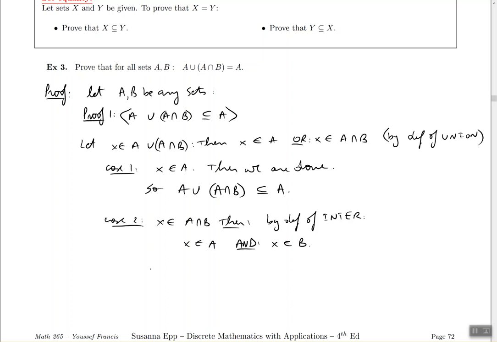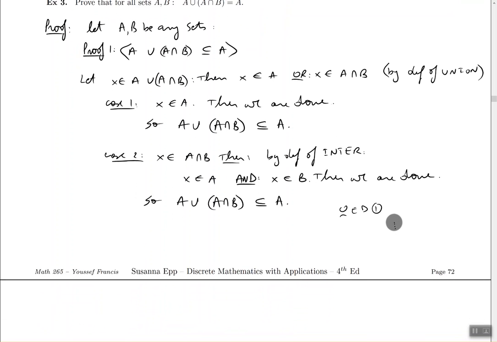And so we are finished again. Because remember, the whole point of this was to show that if you're inside of the intersection of A and B, then you're automatically part of A. So proof 1 is basically now done. If you're in A, then you're already in A. If you're in A intersect B, then you're going to be in A automatically. So this is the QED of proof number 1, okay?